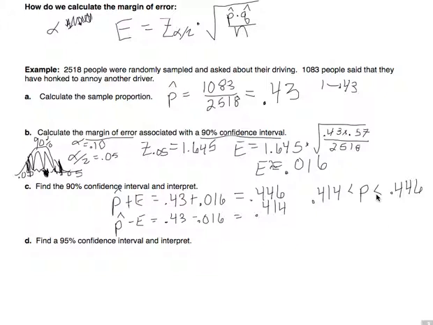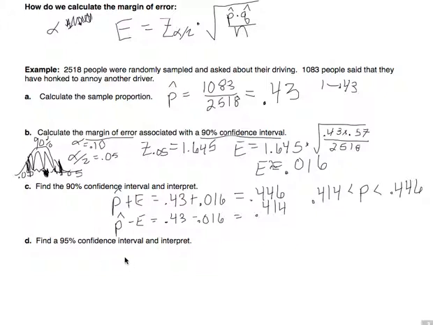It's a little bit different, and the book definitely elaborates on that. This is just one sample that we're using. It would get into the percent chance if we were to continually do this over and over again. So we have 90% confidence that the true population proportion is contained within this interval.